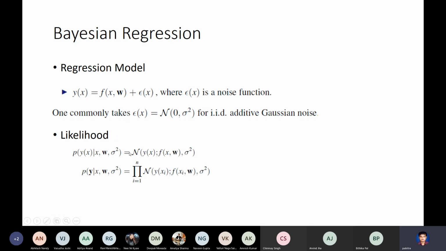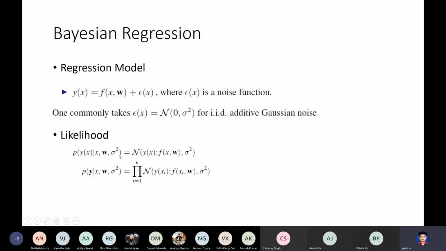So y is normally distributed with mean at f of x, w, and variance sigma square. The mean is f of x, w because f of x, w is deterministic. There is no noise in it. Given a fixed value of w, f of x, w is the mean of the Gaussian, and sigma square, the noise variance, is the variance in y.